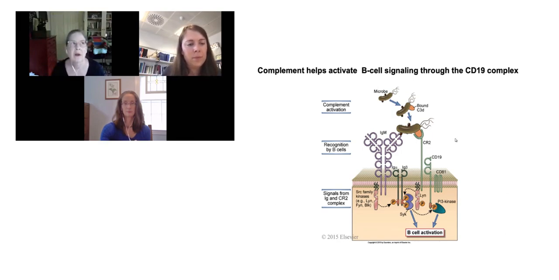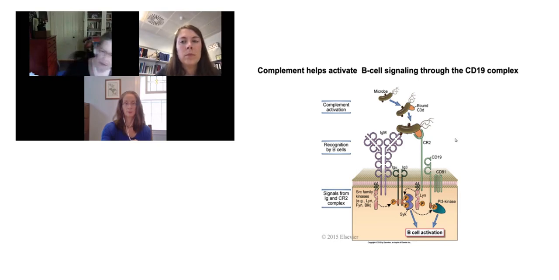There's other things called pentraxins and stuff like that. If you look at that list of soluble innate immune molecules back in chapter 1, a bunch of them activate complement on their own by just recognizing.